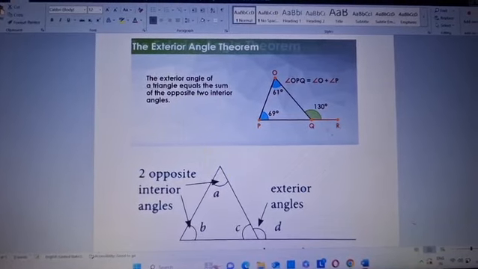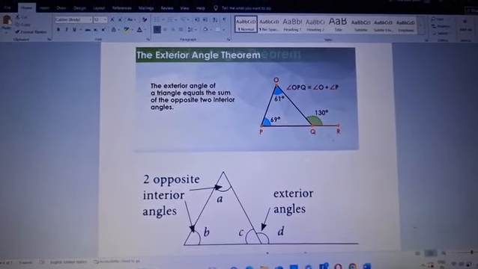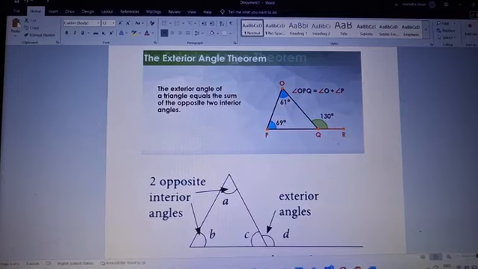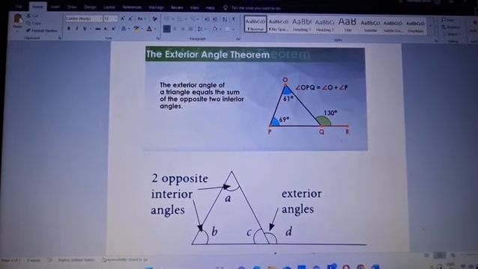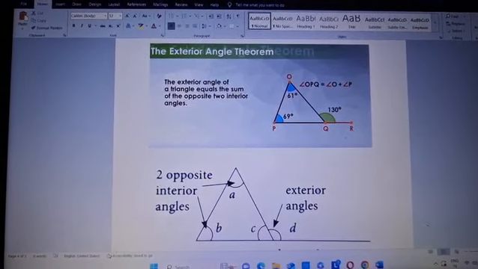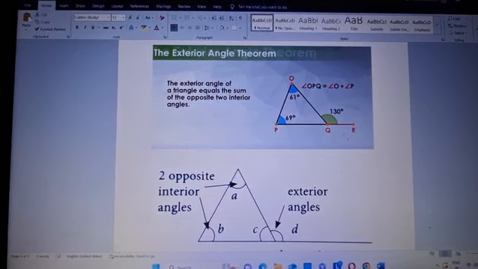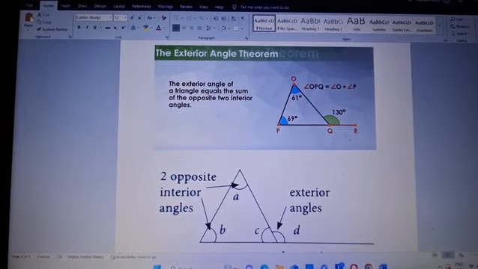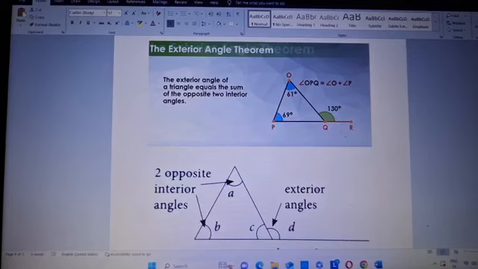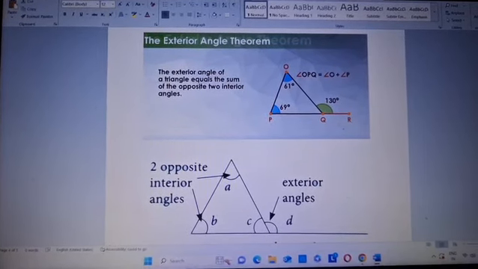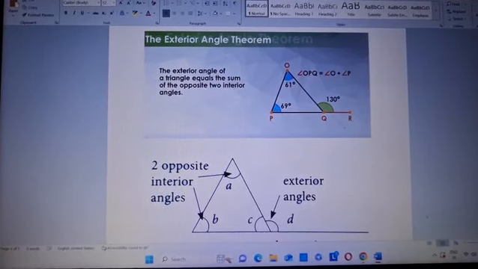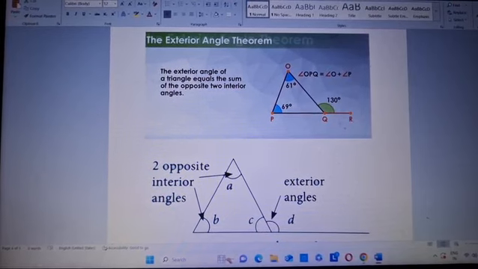Regarding the exterior angle, there is also a very important property which is known as the exterior angle theorem. That theorem says that the exterior angle of a triangle is equal to the sum of the opposite interior angles. You can see in the figure that angle OQR is the exterior angle.